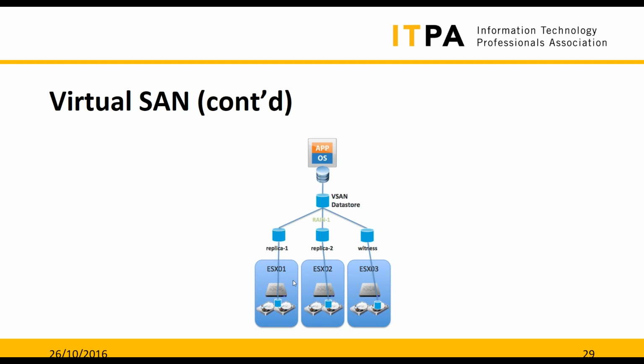And as you can see, each one of these has an SSD in it. And so what happens is that your vSAN data store, as far as your VMware is concerned, is here, and it writes 2 copies of the data, plus there is a witness server that is used and it's the witness server that really ensures that the data is written to multiple locations. So the witness is magic in this case.